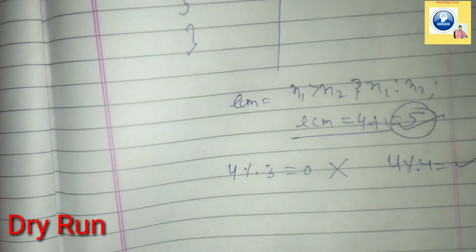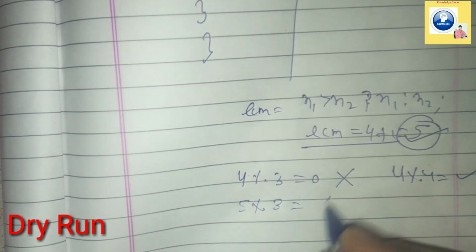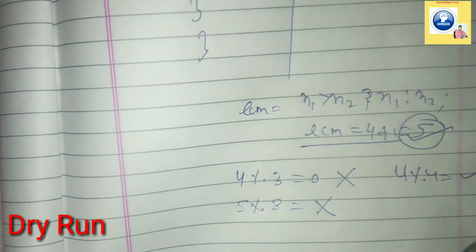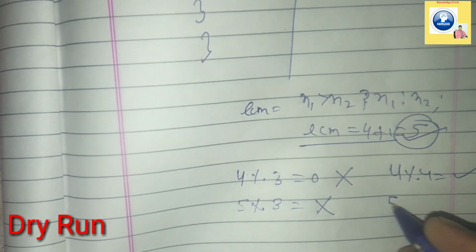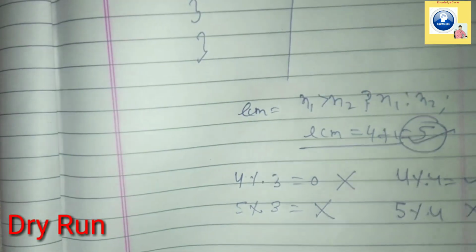Again we will do the modulation process. 5 modulo 3, no, it is not completely divisible. Again 5 modulo 4, no, condition false, so no printing, no break, and again LCM plus plus.